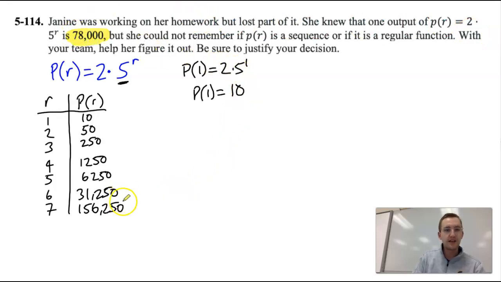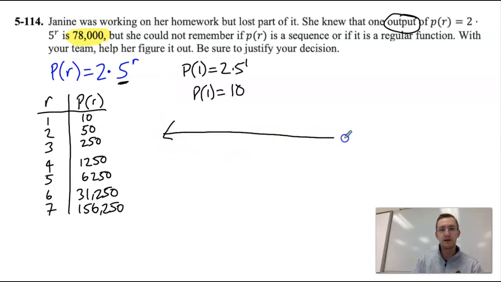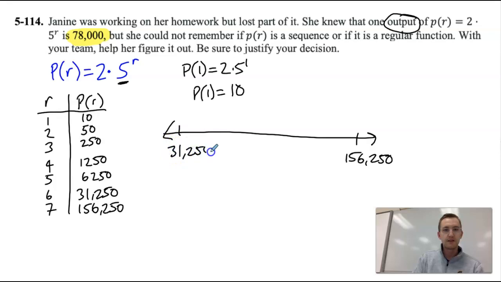So 78,000 is somewhere between 31,250 and 156,250. If that is an actual output of that function, then I don't think that's going to be a sequence. Because if we think about our number line like we had before, if I draw that up here again, we've got 31,250 and 156,250.